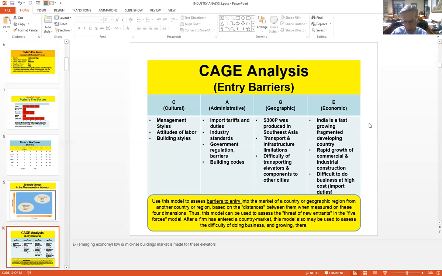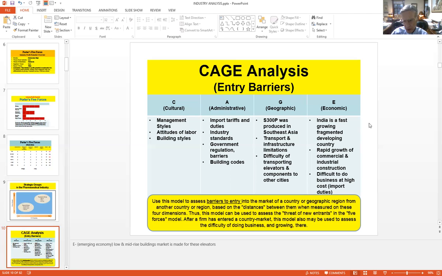You can see that this example was done for Schindler, a manufacturer of elevators, and the case was done to look at the difficulties that Schindler, a Swiss company, had in moving its operations to India. And then finally, economic.